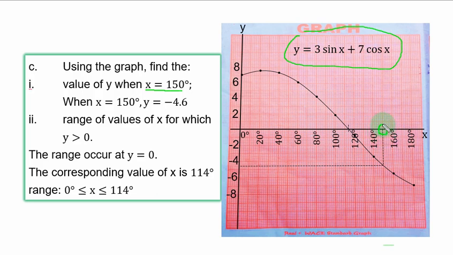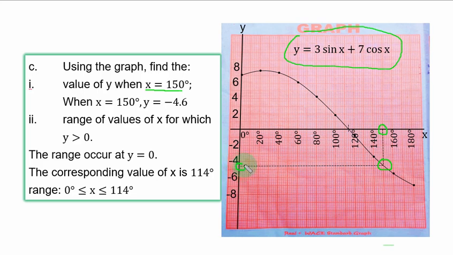Now check very well. If you decide to trace that point upward, it cannot meet with the curve. That means you cannot get y when you trace upward. So the best option is to trace that point down. You trace down to meet the curve at this point, and you trace that point to the y-axis.